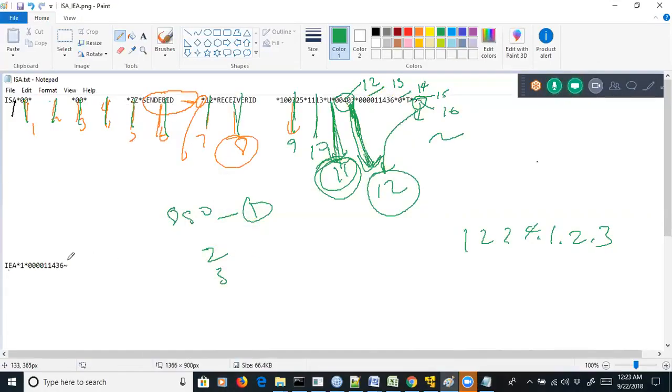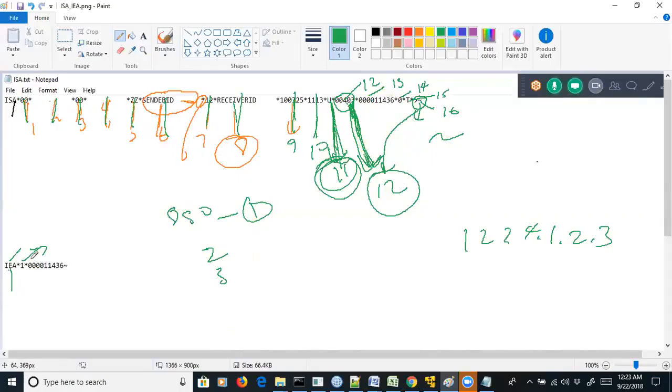Next is your IEA. This is the trailer for the interchange envelope. This is a footer. Come to the next element.